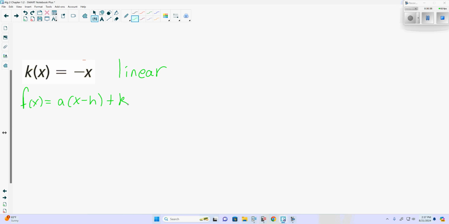And since it's negative, we have a reflection across the x-axis. That's it.